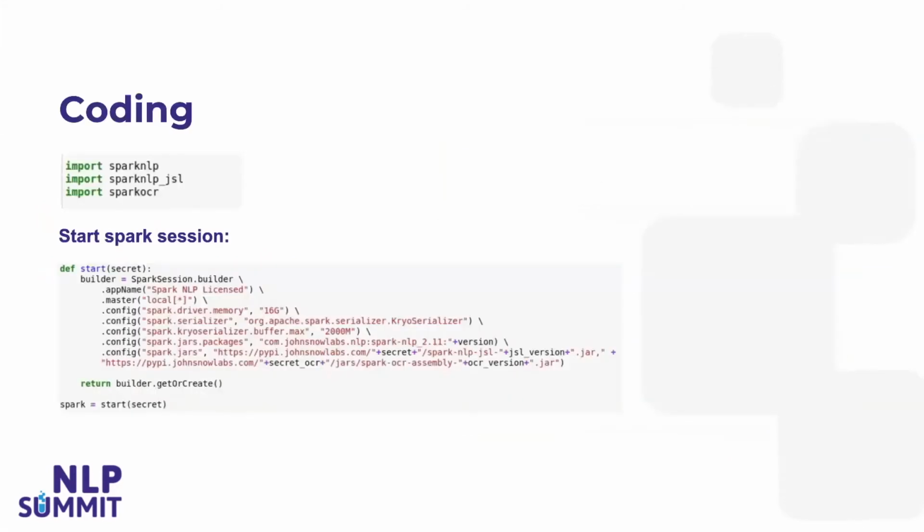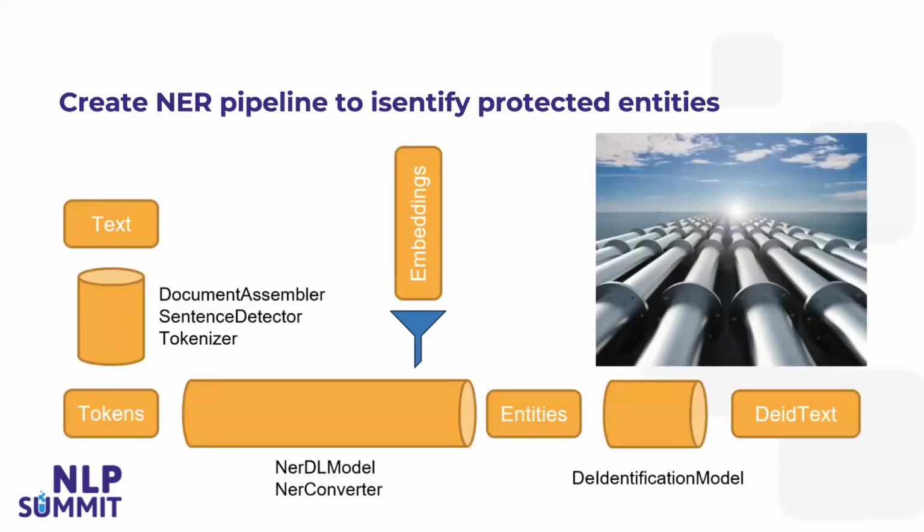So here's the coding part, a short example that I'm going to show you of how we do it with Spark NLP. First we create a session where we include the OCR, NLP library, and public Spark NLP. And then we create a pipeline, the one I already mentioned, which includes the document assembler, sentence detector, tokenizer, the selected NER model, which can be an NER DL from clinical data or some other.